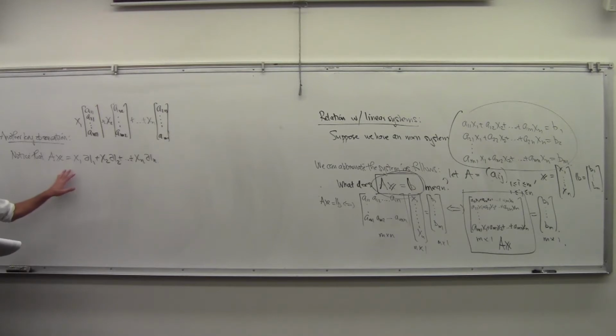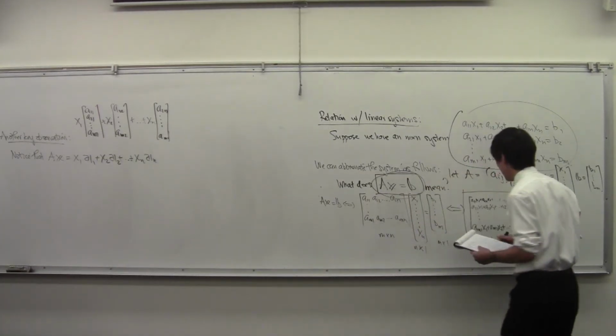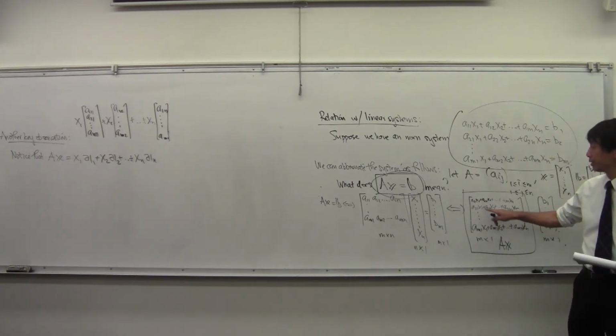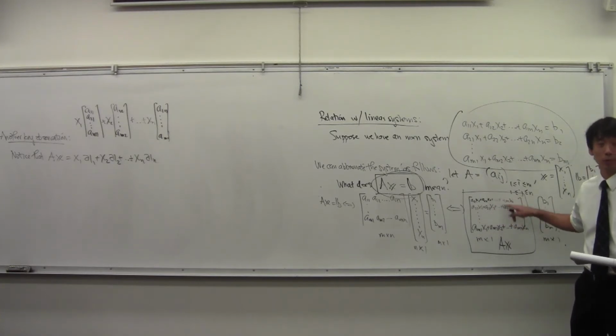Is that clear? Everybody see that? This thing here is the same thing as x1 times the first column plus x2 times the second column plus xi times the corresponding columns.